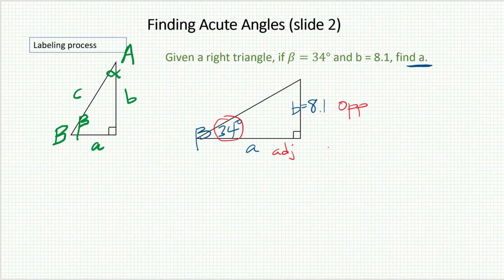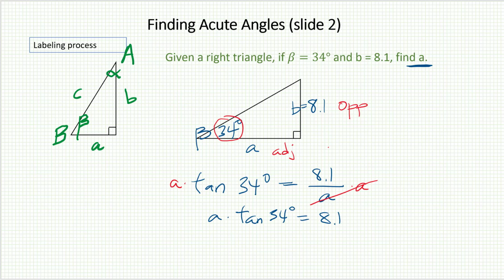So I would write tangent 34 degrees is equal to opposite 8.1 over adjacent, which is A. I want to solve this little equation that I've written for A, and if I do, I can figure out the measurement. Let's see, it looks like I need to clear the fraction, so I'll multiply both sides by A. Then I have A times tangent 34 degrees equals 8.1.